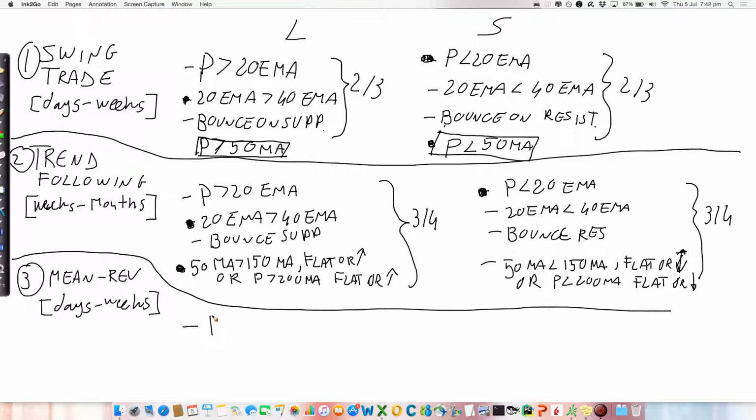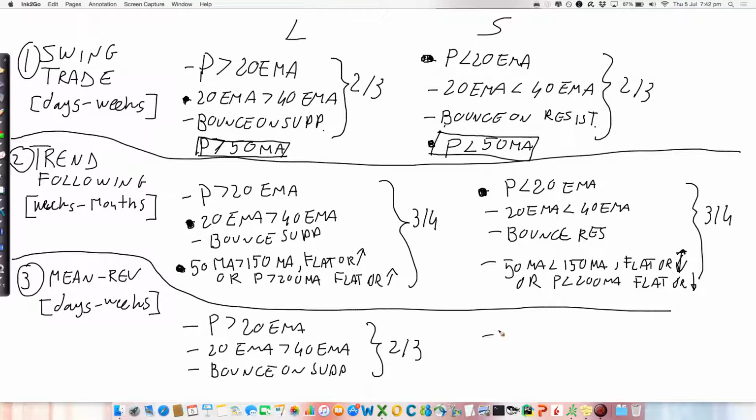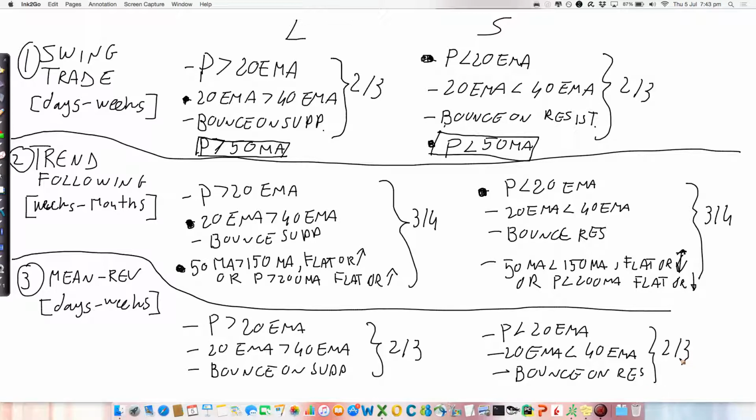So let's write it again. Price above 20 EMA, 20 and bounce on support, and again we want 2 out of 3, and here price below 20 or 20 below 40 and bounce on resistance, 2 out of 3.